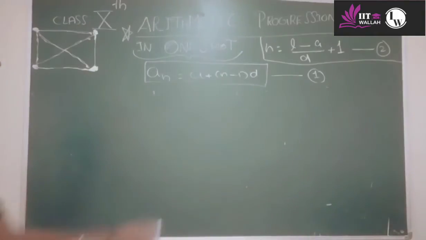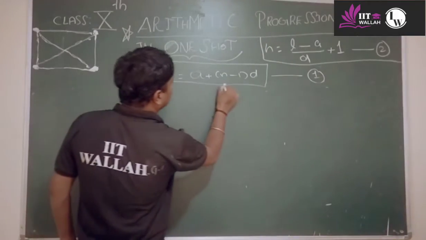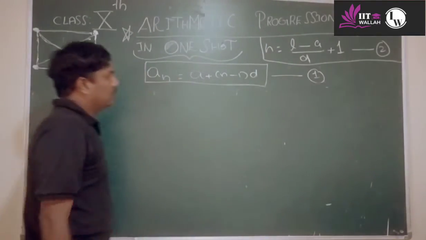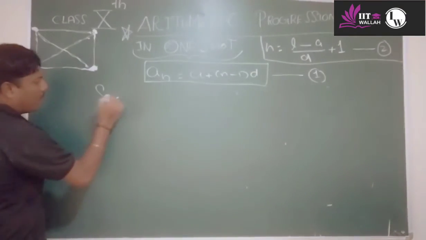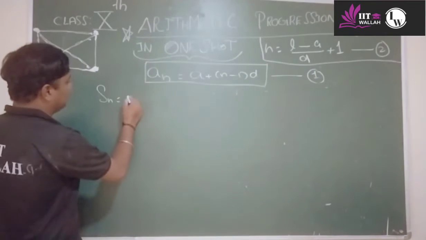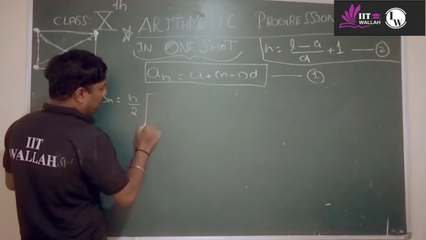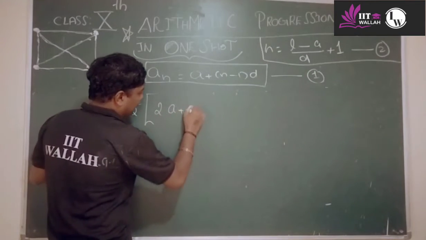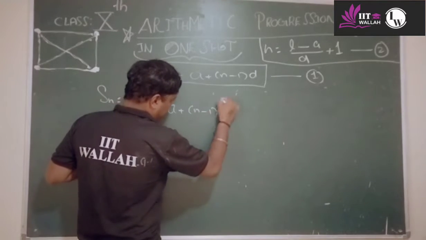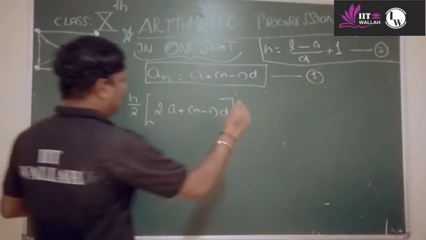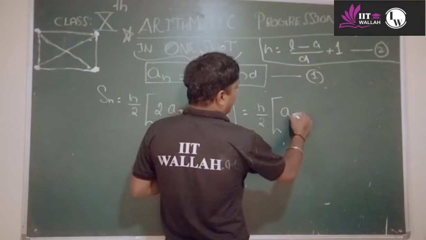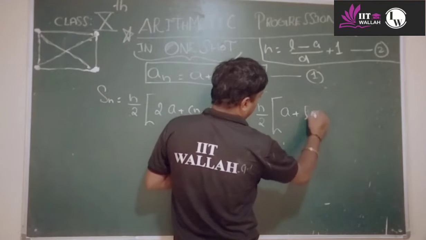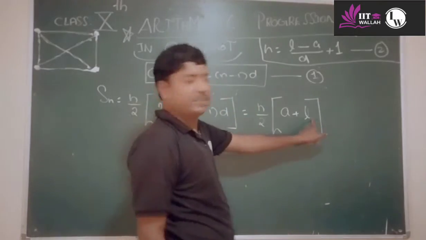And one more formula is Sn, the sum of n terms, that is n by 2 into 2a plus n minus 1 into d, or n by 2 into a plus last term l. l means last term.